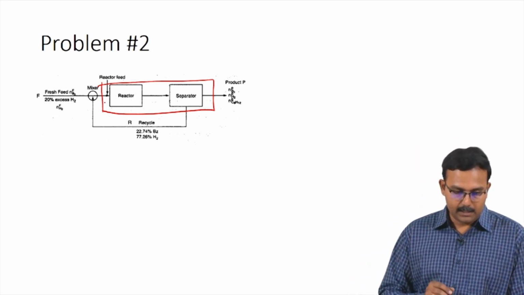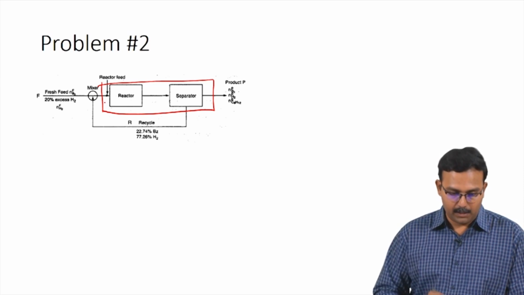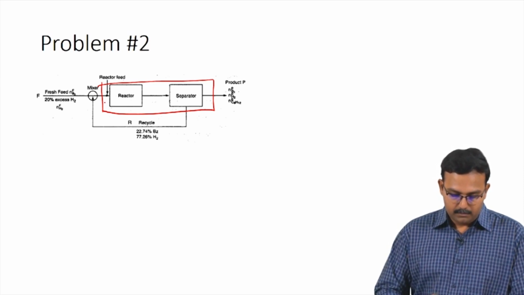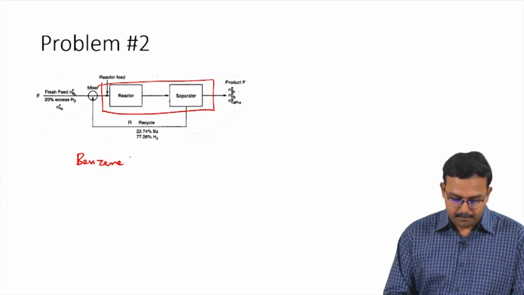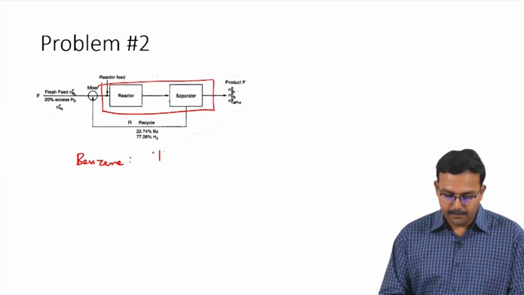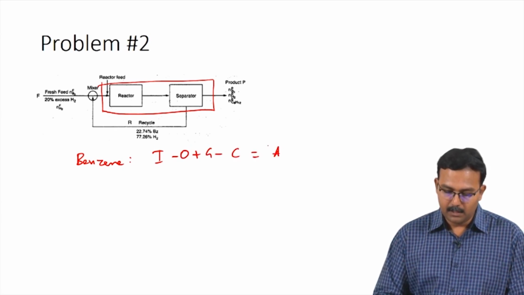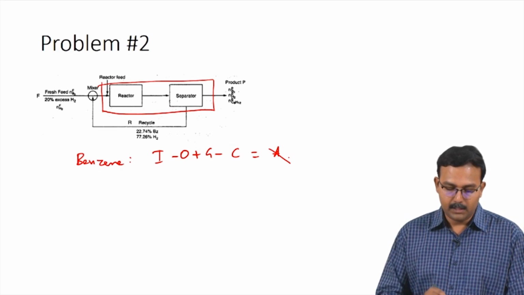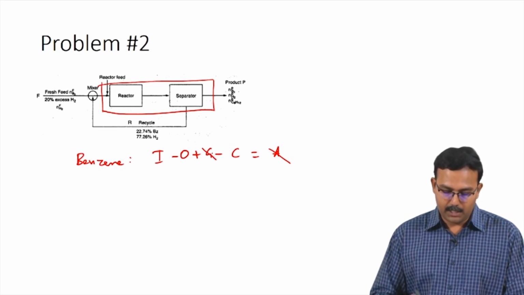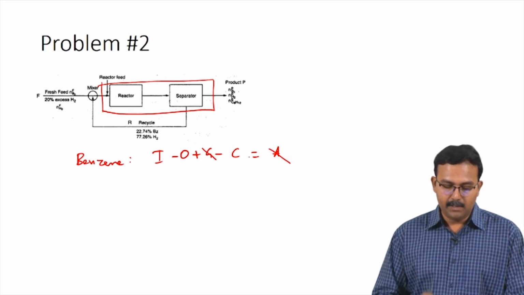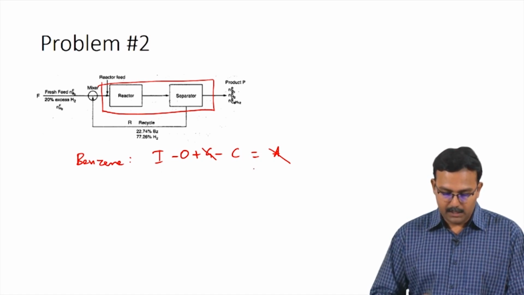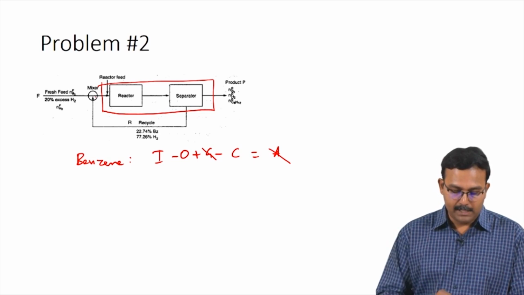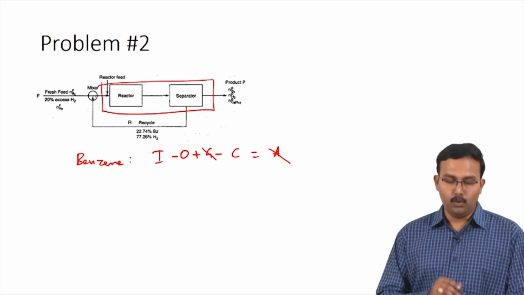Let us try to write the balance equation for this particular system. If we were to write a benzene balance for this system, the benzene balance would be input minus output plus generation minus consumption equals accumulation. At steady state there is no accumulation, benzene is being consumed, not generated. You have benzene leaving and entering the system. So, your equation is this. Now, you have benzene entering in the form of the total feed.